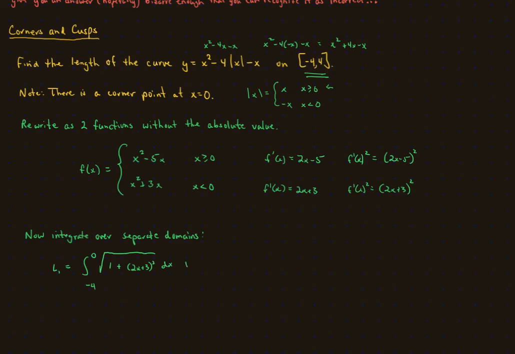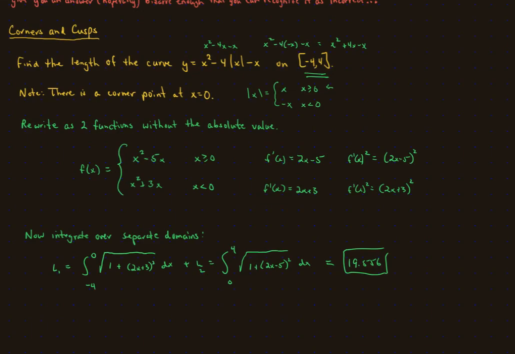And then we will add to that the second part of that arc length, which is going to be going from 0 to 4, and we'll get the square root of 1 plus that 2x minus 5 quantity squared dx. And that's going to be a calculator problem, and I got 19.556. See if you can agree with that as that total arc length.